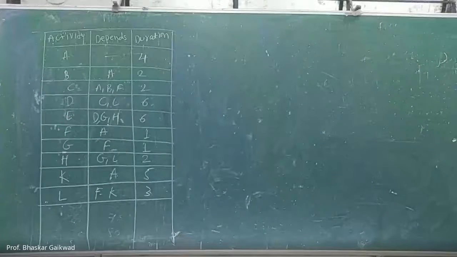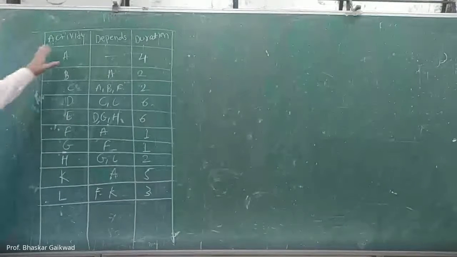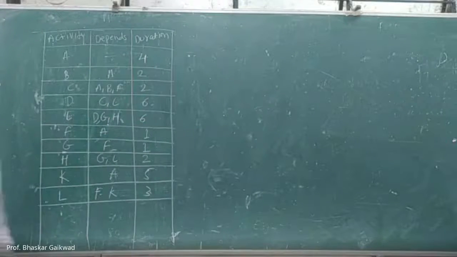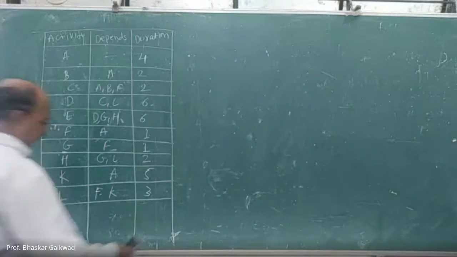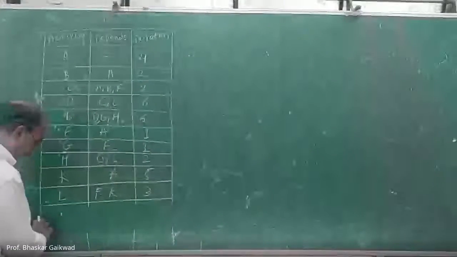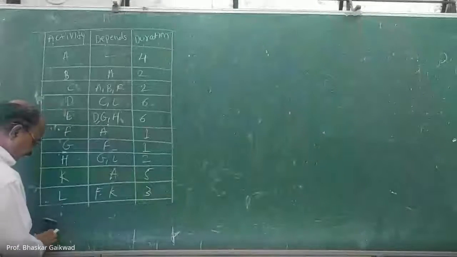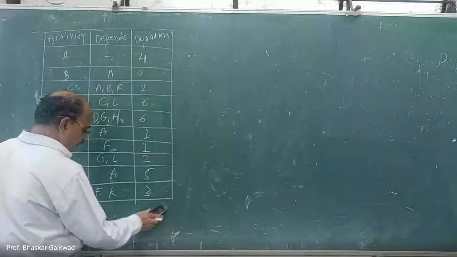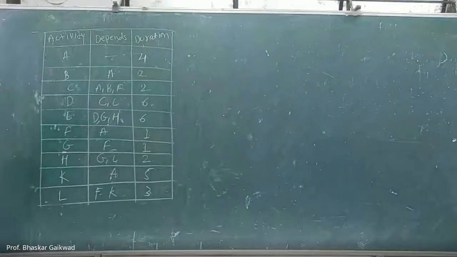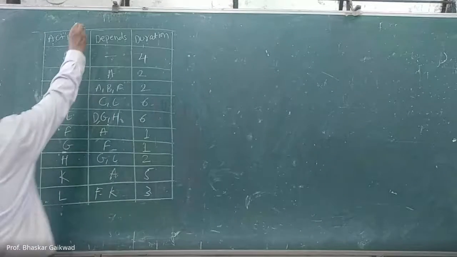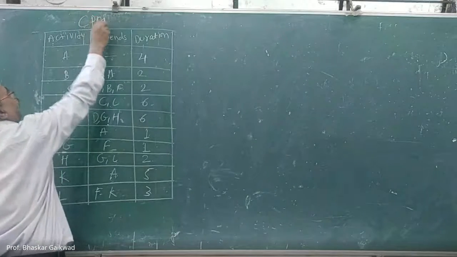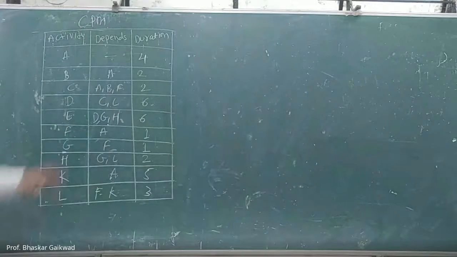So this is the problem: activity, dependence, and duration are given. So first, same question will be there: network diagram, duration, critical path, free float, and total float. Every CPM problem, critical path method, always the same question will be there.